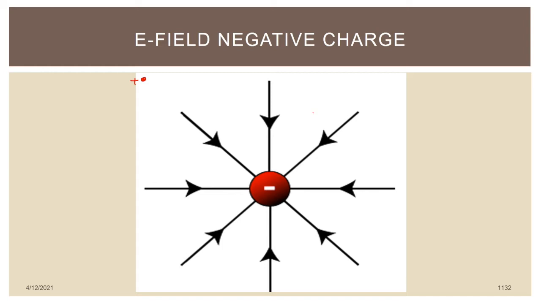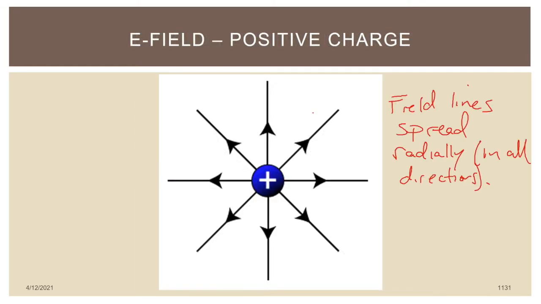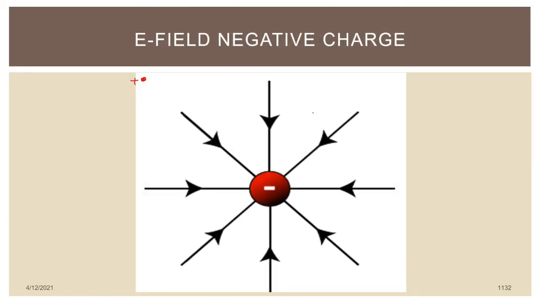So I think one thing that we can use here to rewrite the rule is that the electric field lines are always going to look like this for a positive charge, and they're always going to look like this for a negative charge.